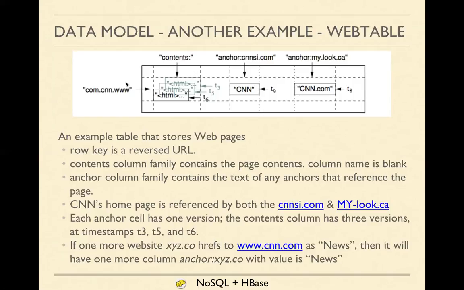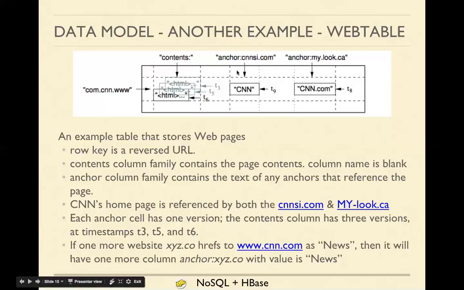Every time they crawled this data, they formed this HTML and updated the anchors, and this is the way they kept it. Anchors basically contain the information about who is pointing to this website. CNNSI.com has an href with the text CNN, and mylook.ca has an href to this website with this name.